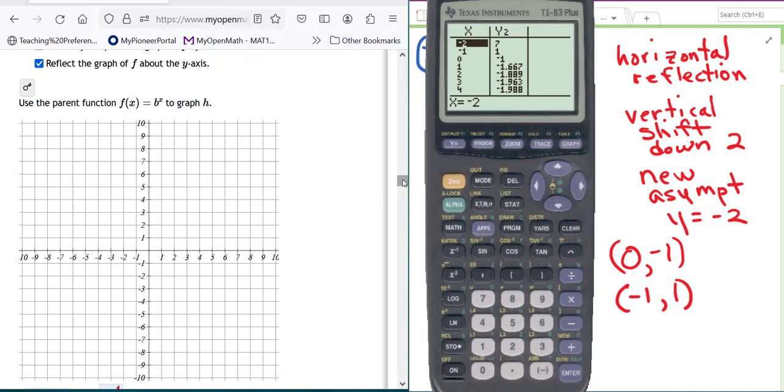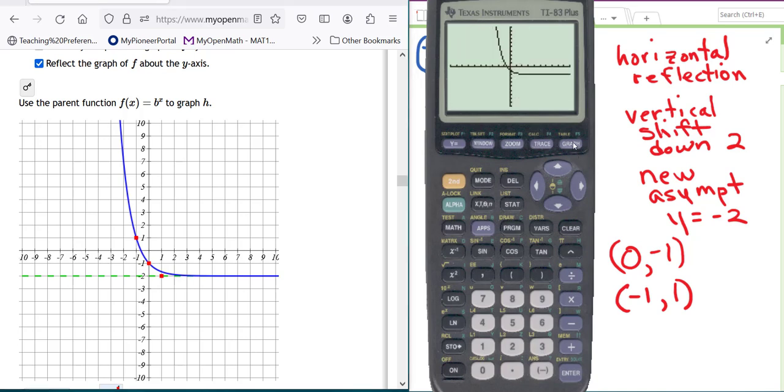Okay, so on my graph, first should be my asymptote, which is -2. Click. The point 0, -1, and -1, -1, 1. I never did have to click that tool.